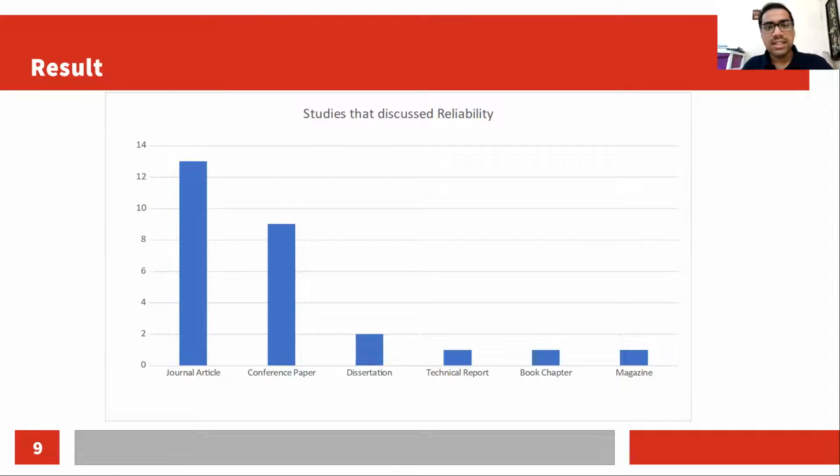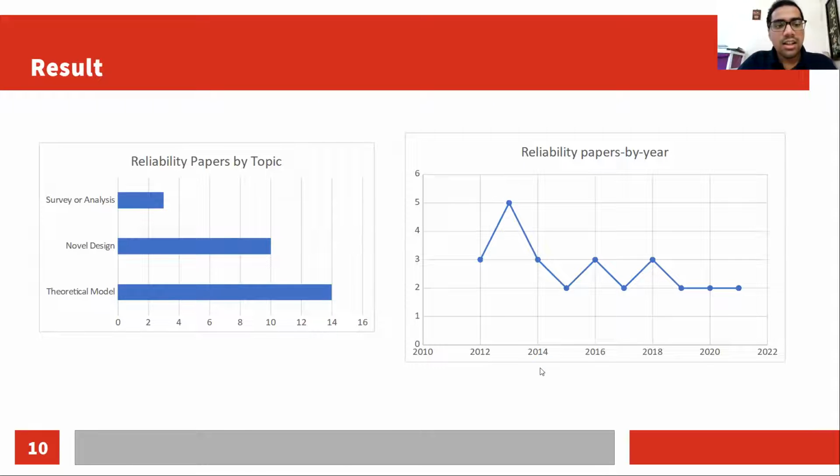In the studies that discuss reliability, we can see that most of the studies were journal articles and fewer were conference papers, and the fewest were the remaining. Reliability papers by topic. As I had said before, most of the papers that discussed reliability were theoretical models.